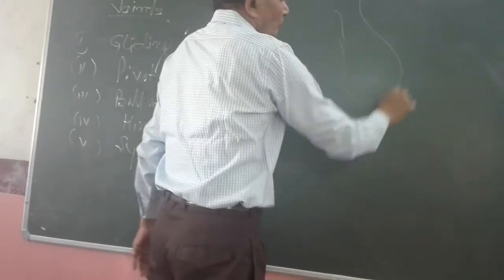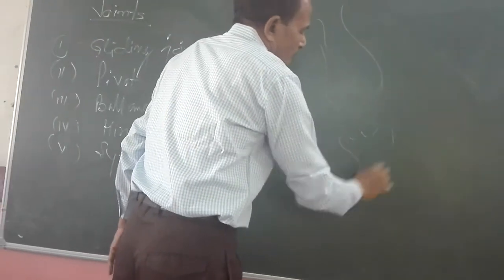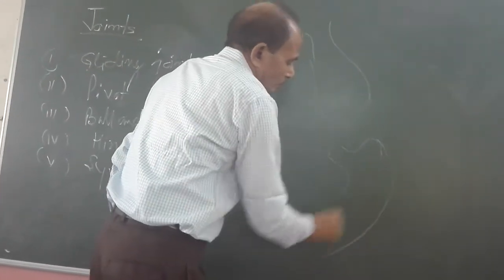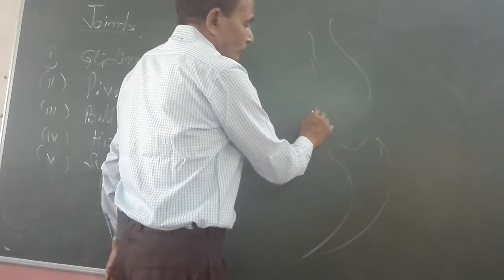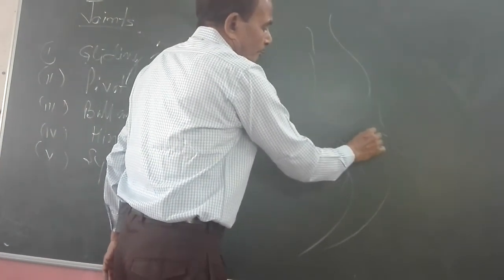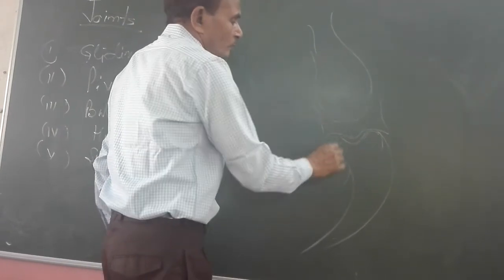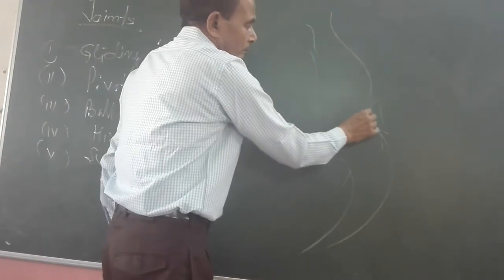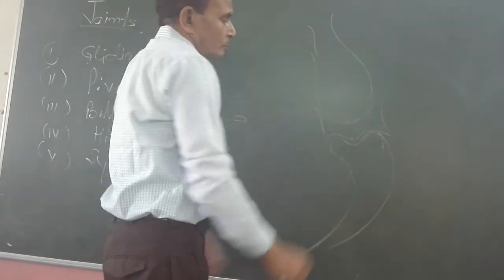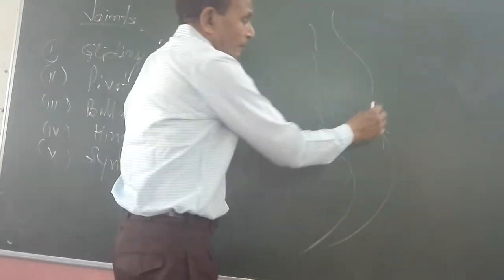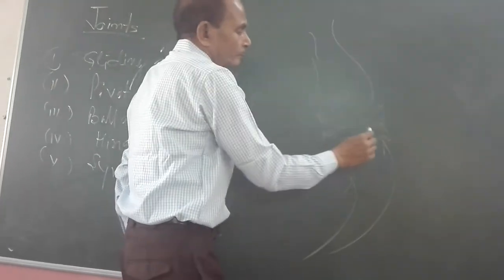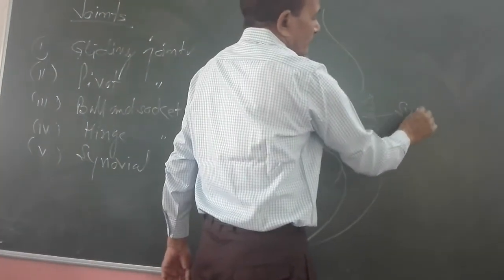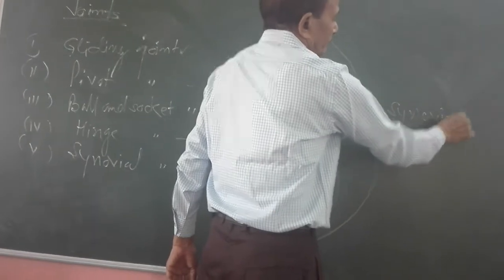Next is a synovial joint. Suppose this one is one bone and this one is the second bone. In between the two, there is a bladder-like structure. There is not a bladder, you can say there is a bag-like structure, and this bag-like structure is filled with a fluid. The name of this fluid is synovial fluid.